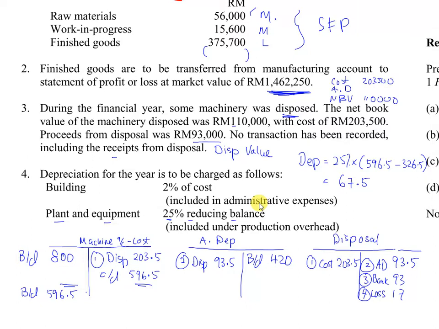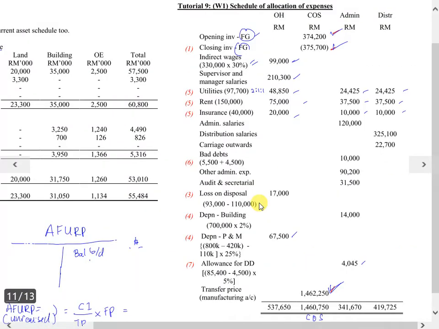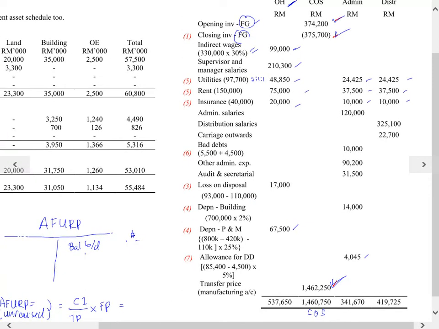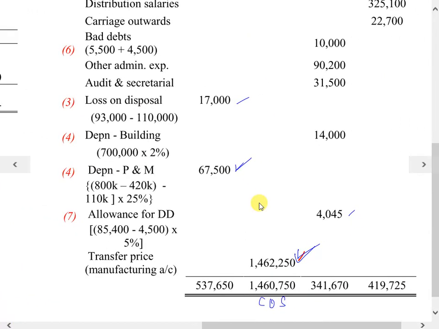Okay. Means here. In my production overhead, here, 17,000 is a loss. Depreciation is 67,500. But you look at the working here, the closing is cost and accumulated net book value 380. And then there's a disposal not recorded.